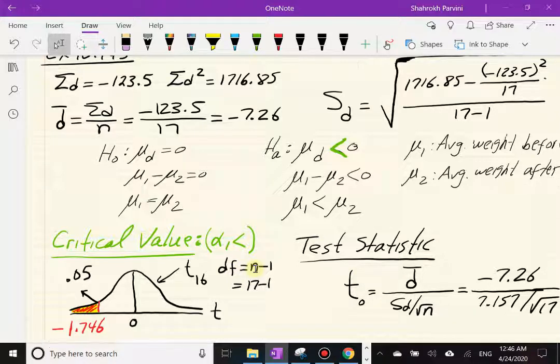So we had 17 pairs of before and after scores, and 17 minus 1 is 16. So this is a t with 16 degrees of freedom. That's the t curve, and because it's less than, the cutoff point for our rejection region is negative 1.746.